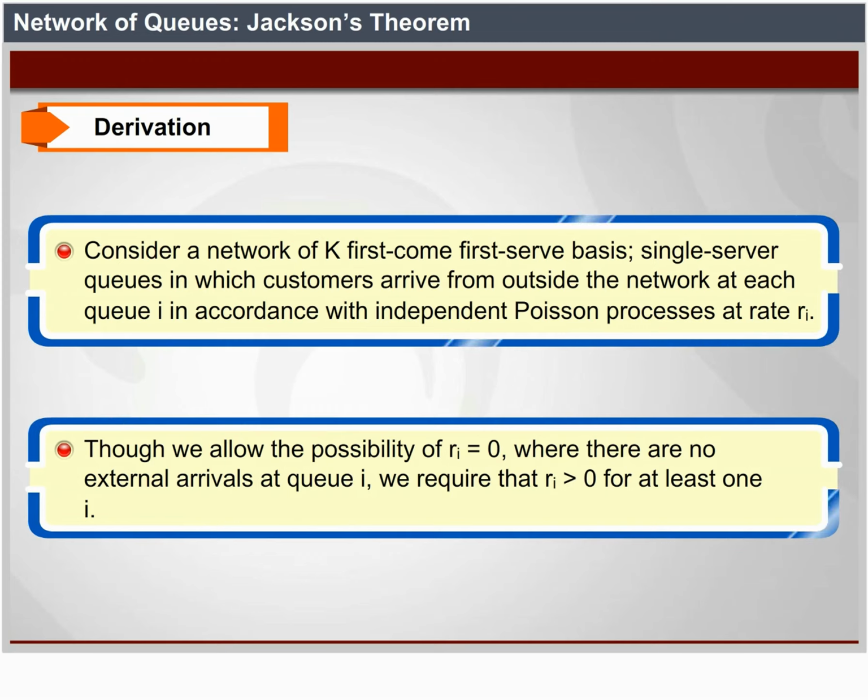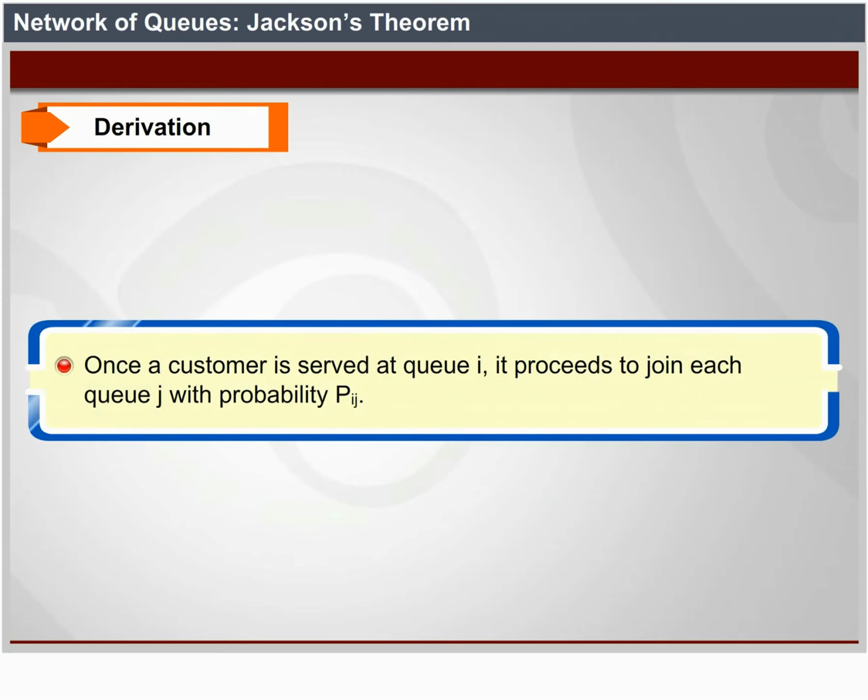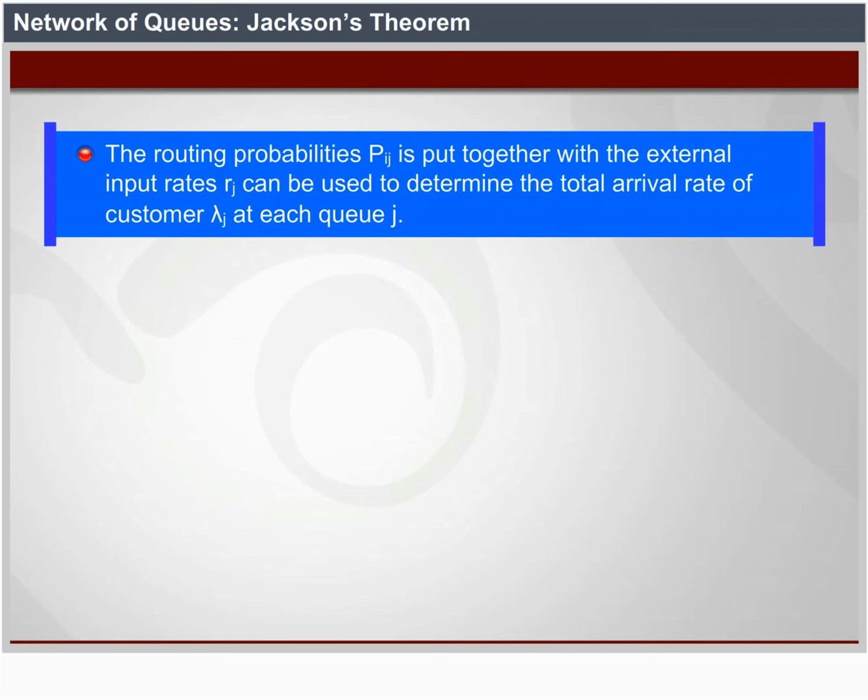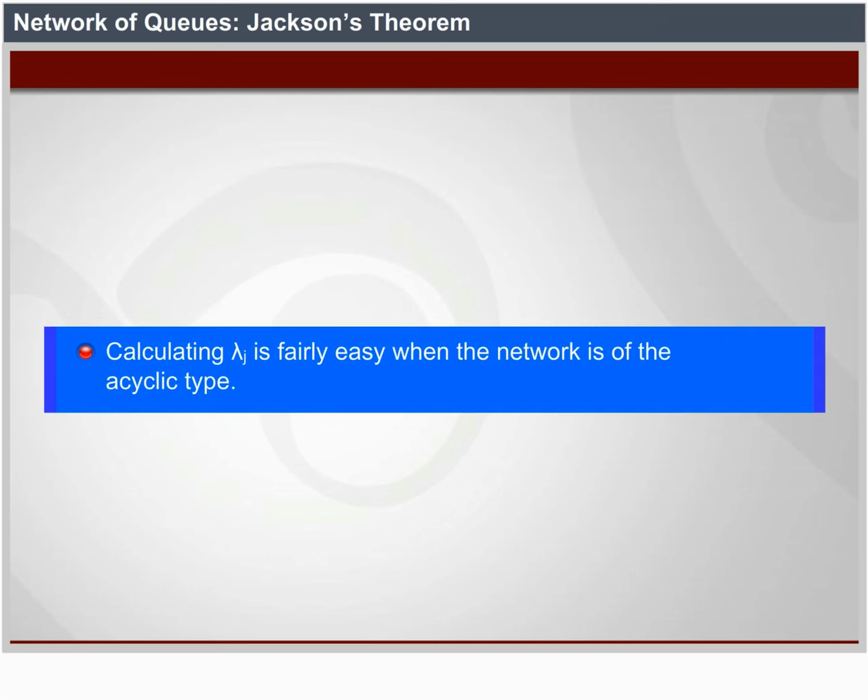Once a customer is served at Q_i, it proceeds to join each Q_j with probability P_ij. The routing probabilities P_ij together with the external input rates r_j can be used to determine the total arrival rate of customers lambda_j at each Q_j. Calculating lambda_j is fairly easy when the network is of the acyclic type.